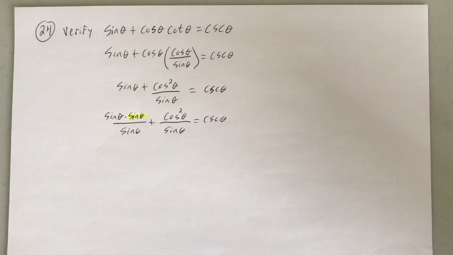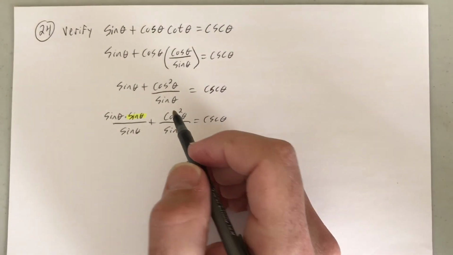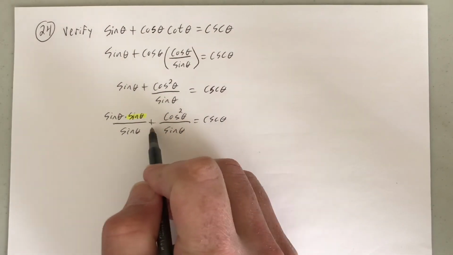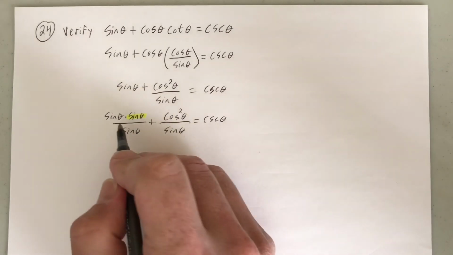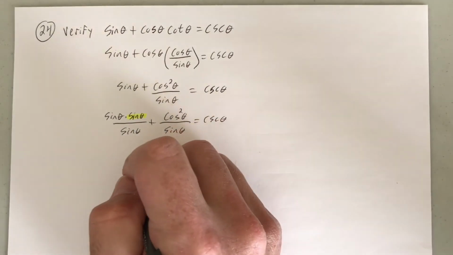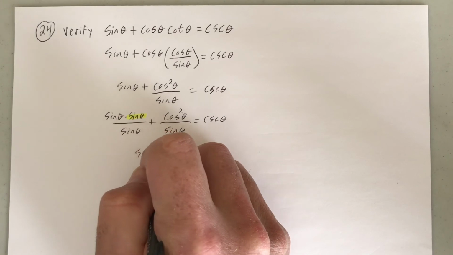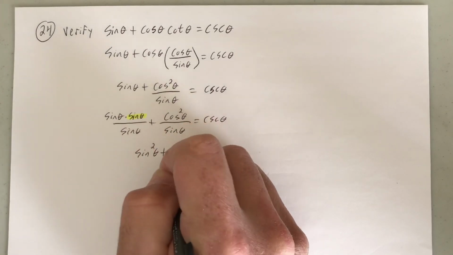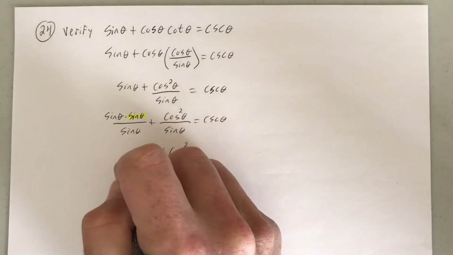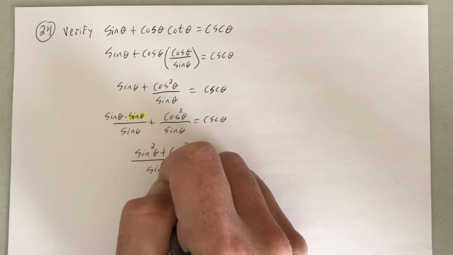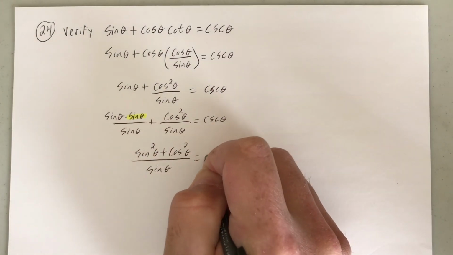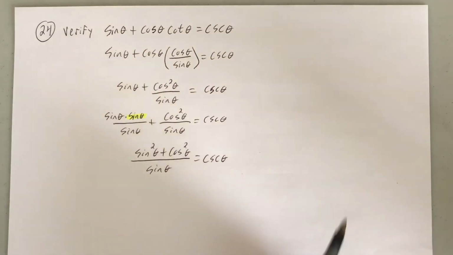So when I do that, I can go ahead and add these two together into one fraction with the common denominator. So sine times sine, that's going to be sine squared theta plus, I have my cosine squared theta over my common denominator is equal to cosecant theta.